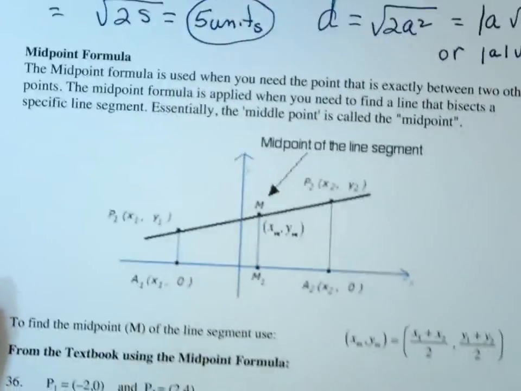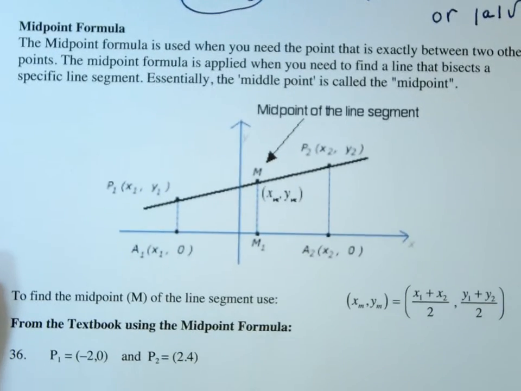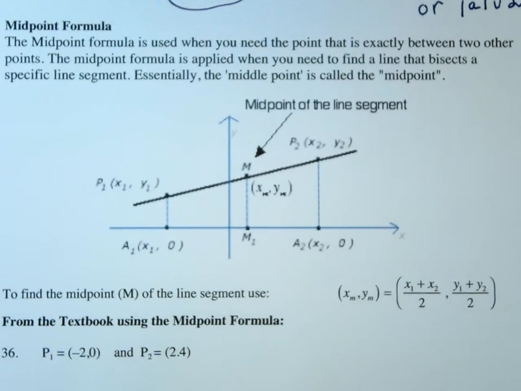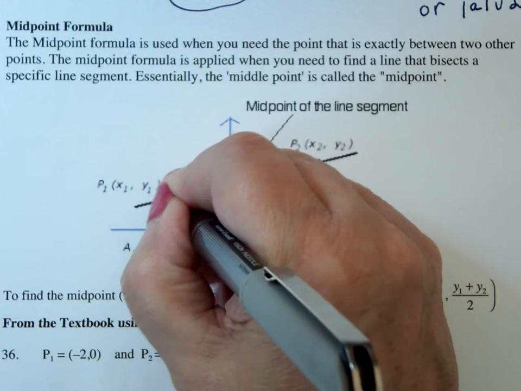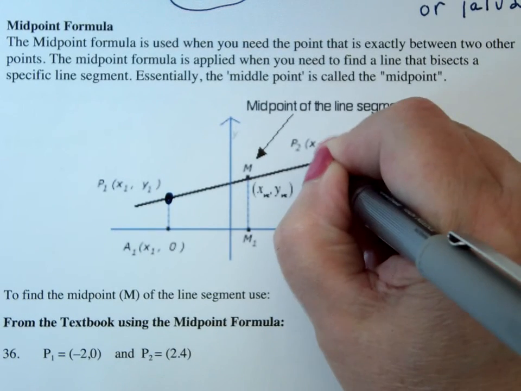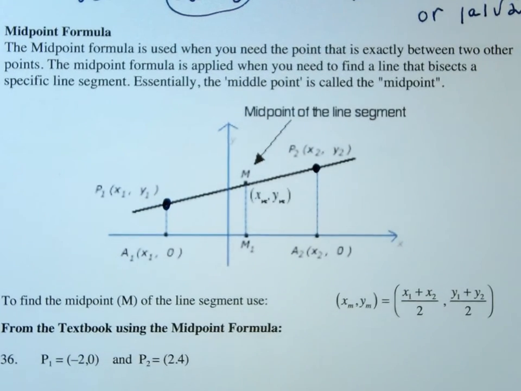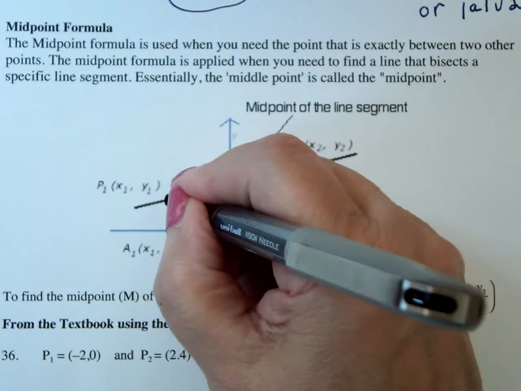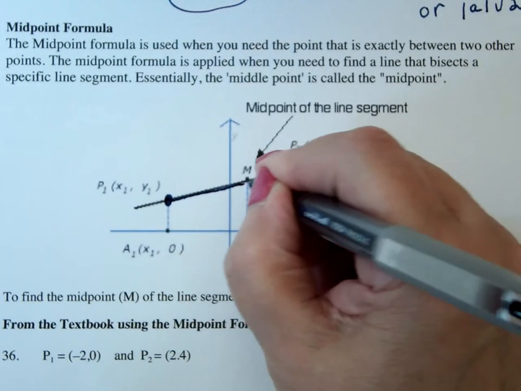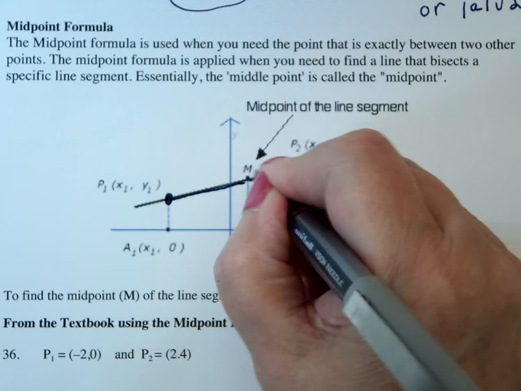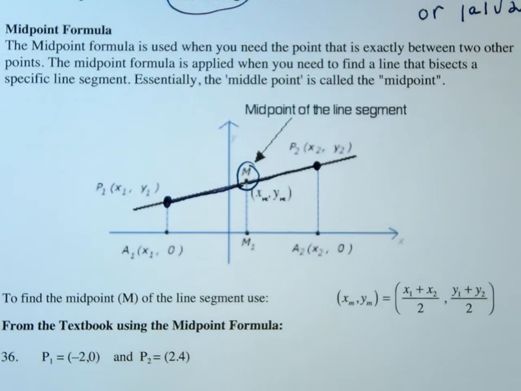The next formula that comes into play is what's called the midpoint formula. That's where I have a line segment, and here's my line segment. What I want is the middle point of the line segment.